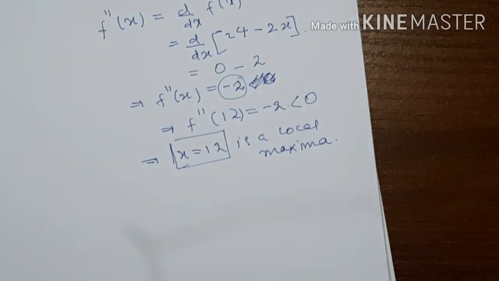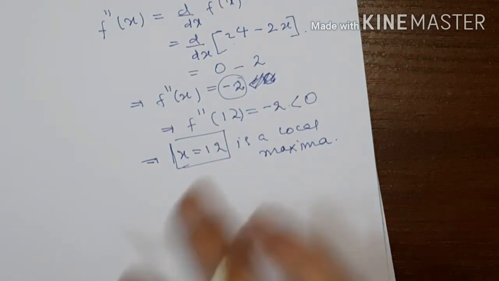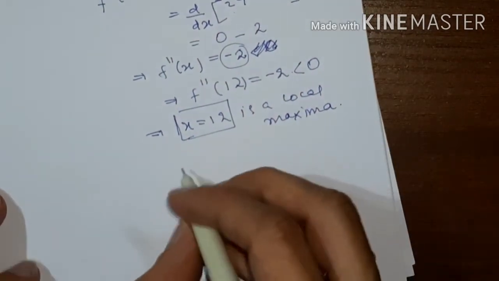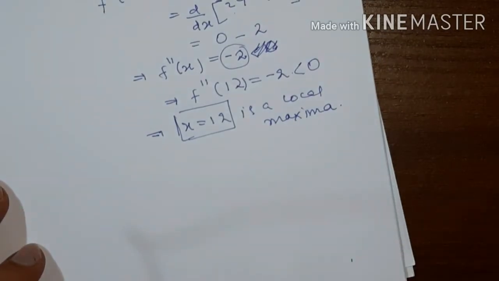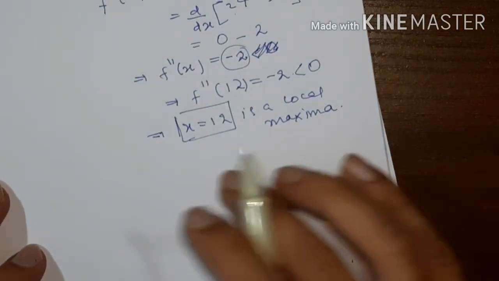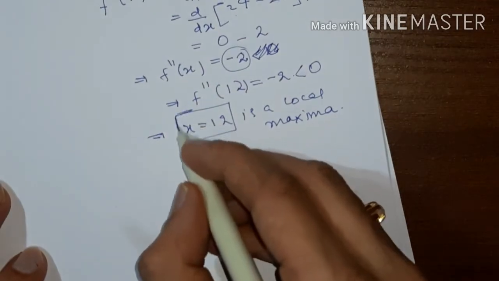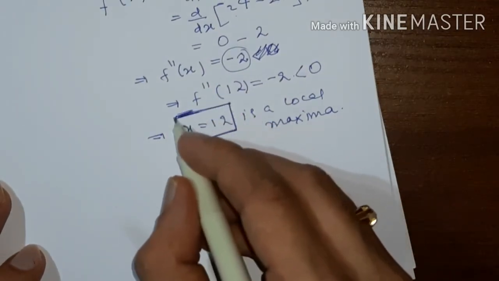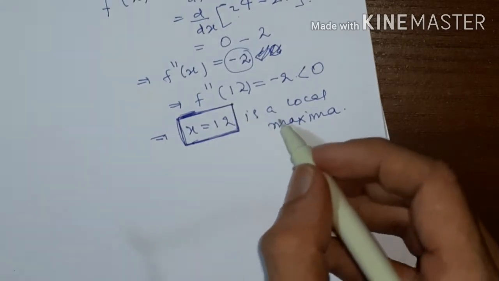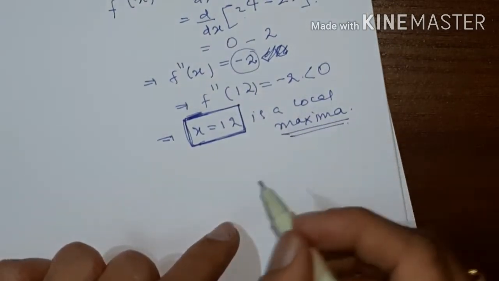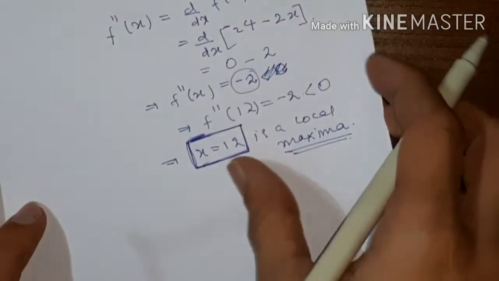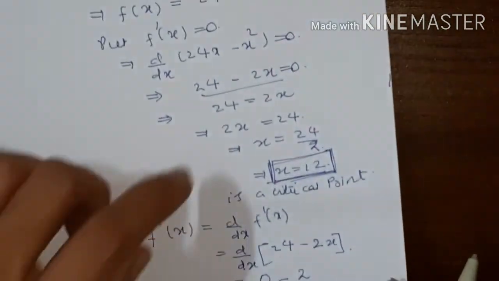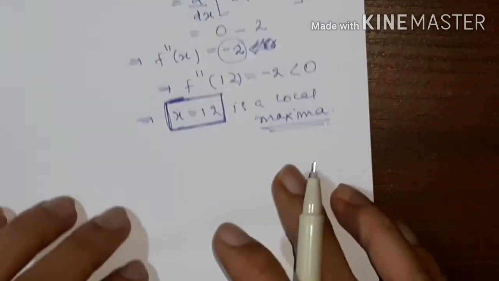But now what do we have to do? We have to find the maximum value. Anyway, here you need not find the maximum value, because you got it as the local maxima and only one critical point was there. You have checked that it is a local maxima.